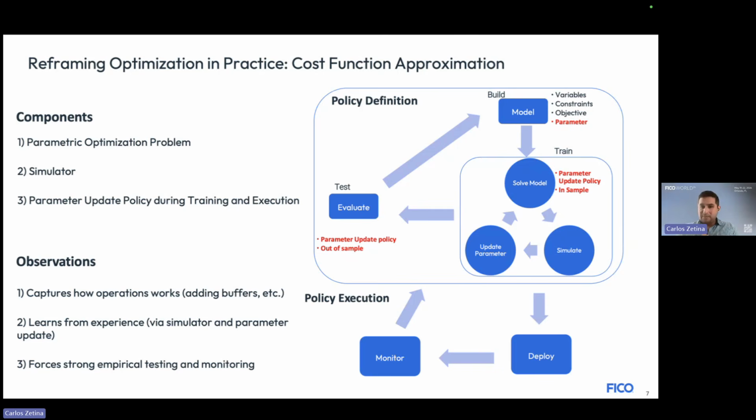So I come from an optimization background, and so I'll speak to it from an optimization perspective. So first, we start with the model here. I don't know if you can see my cursor, but I'm pointing at it here. You build a model just as you usually do: variables, constraints, and an objective function. And here there is a design choice as to where you are going to put the parameter in your model. Should it affect capacity?